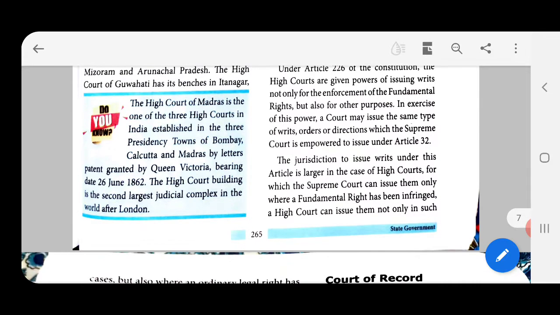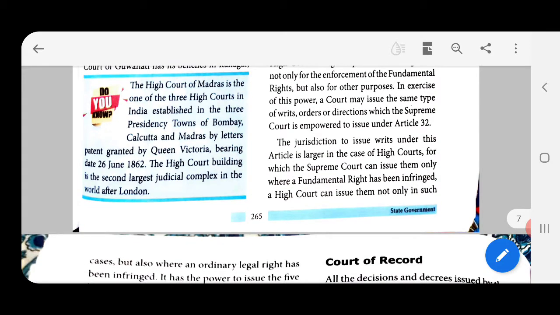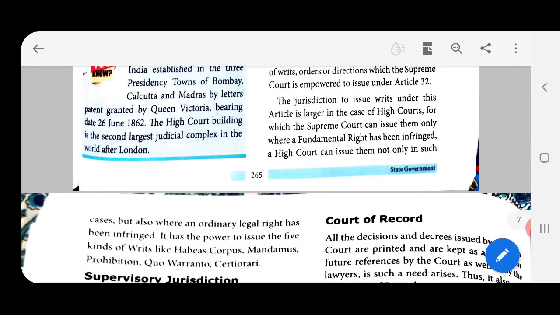In exercise of this power, a court may issue the same type of writs, orders or directions which the Supreme Court is empowered to issue under Article 32. So as we know, High Court is a lower court and the Supreme Court, which is there in Delhi, has the power over orders that have been passed by the High Court.